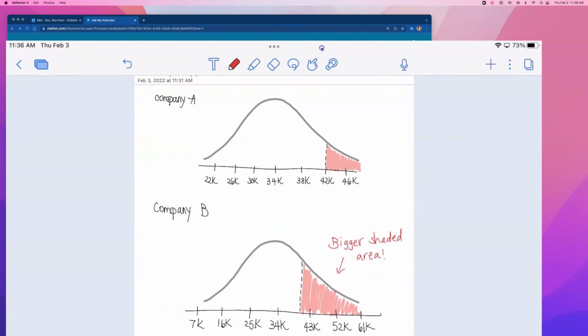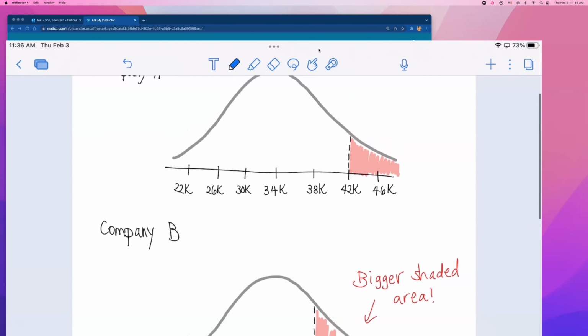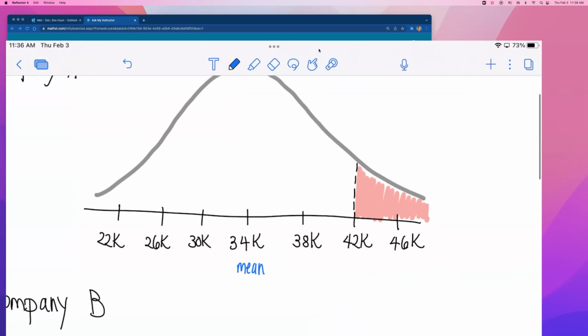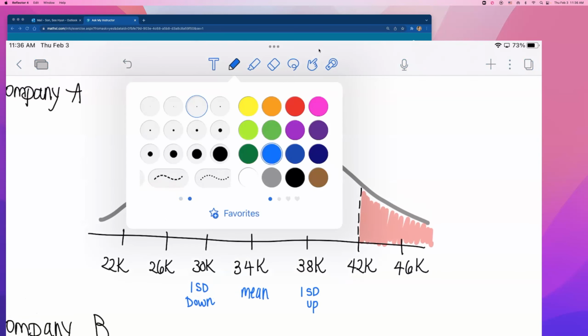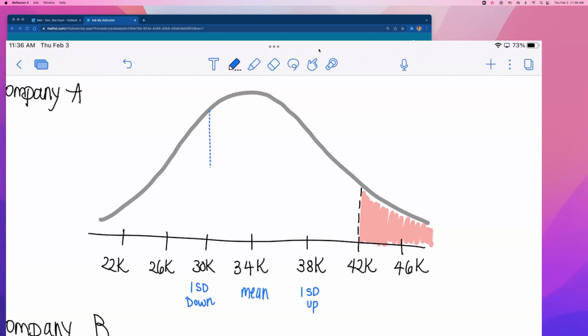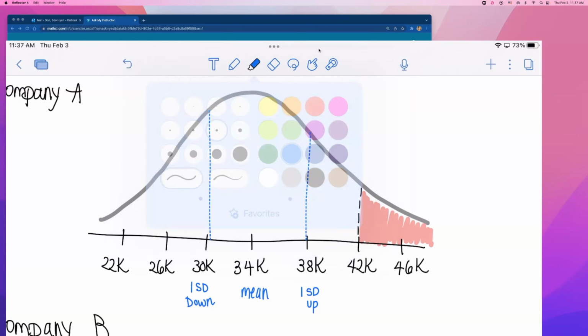So if you take a look, I'm going to try to explain their reasoning, okay? So this is the mean in the middle, and this is one standard deviation up, and this is one standard deviation down, okay? So if I go ahead and mark that one standard deviation region, I'm having too much fun coloring.